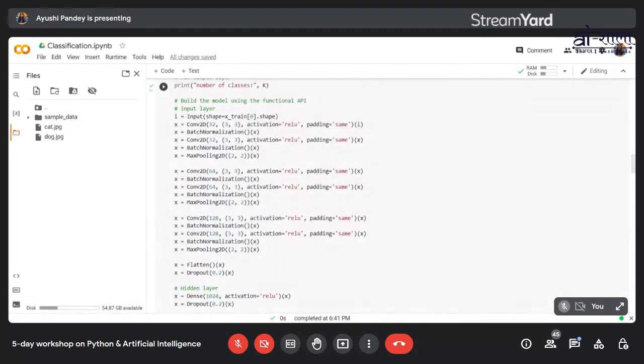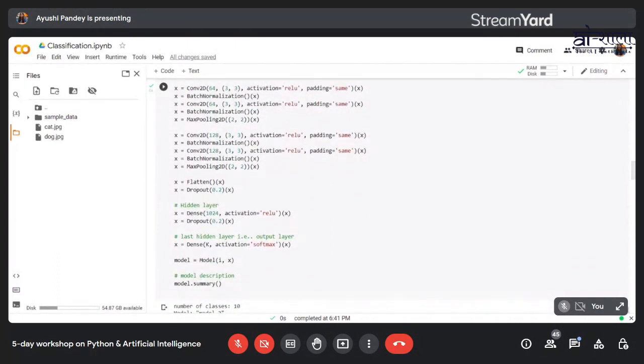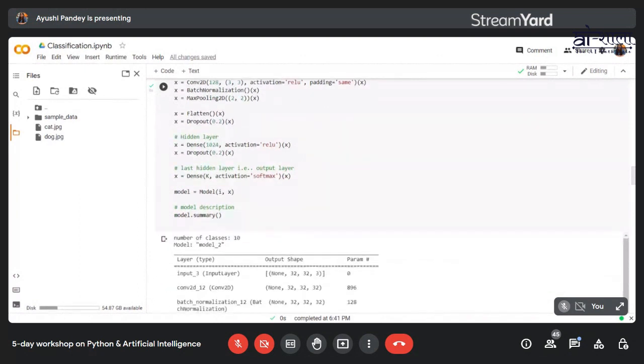I'm taking my input layer and trying to flatten it. And we can have n numbers of layers. Then I'm making the hidden layers. I have only 2 hidden layers here, and this is my last output layer. I told you the activation function for the last layer is always softmax.